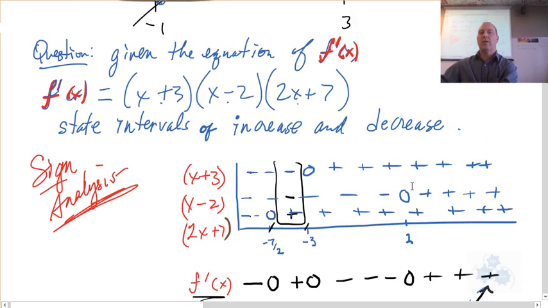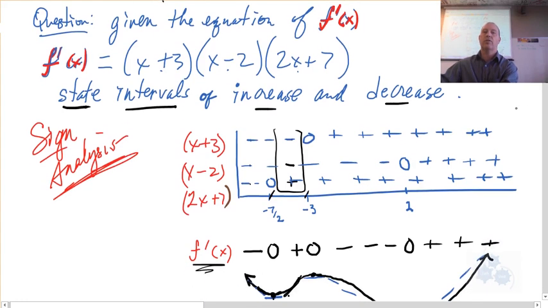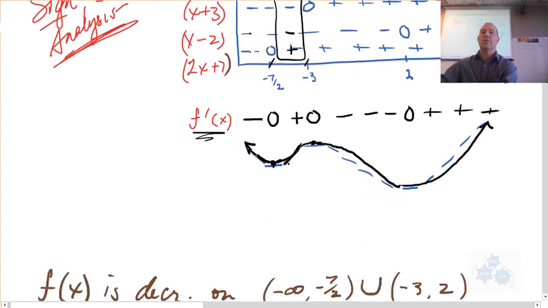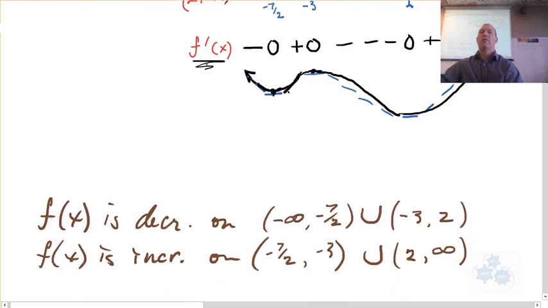So this question, though, doesn't ask you to graph anything. It just asks you to state the intervals of increase and decrease. So what you would do is take this information now, and because we've taken a look at the derivative, the graph itself is decreasing wherever the derivative is negative.